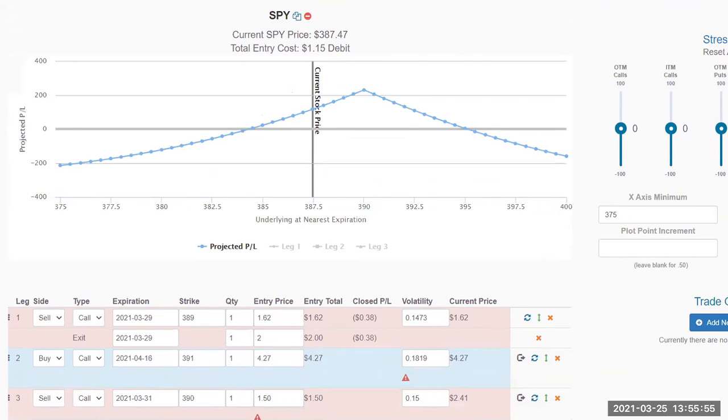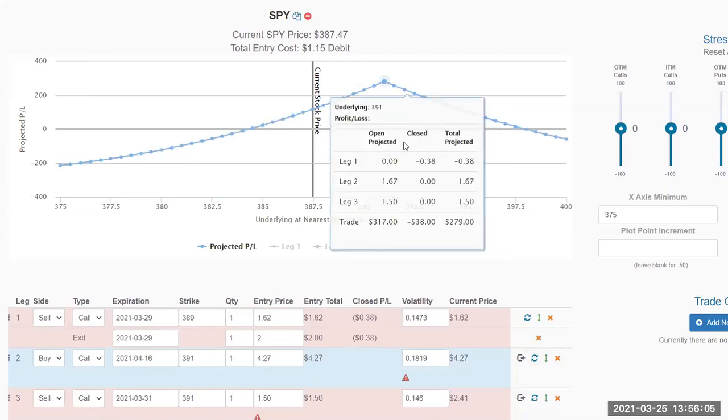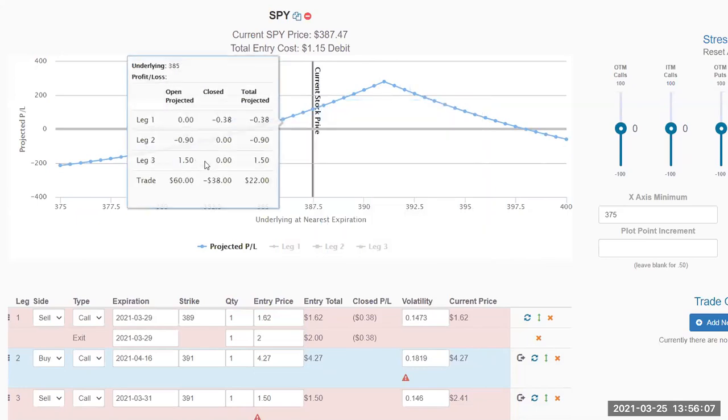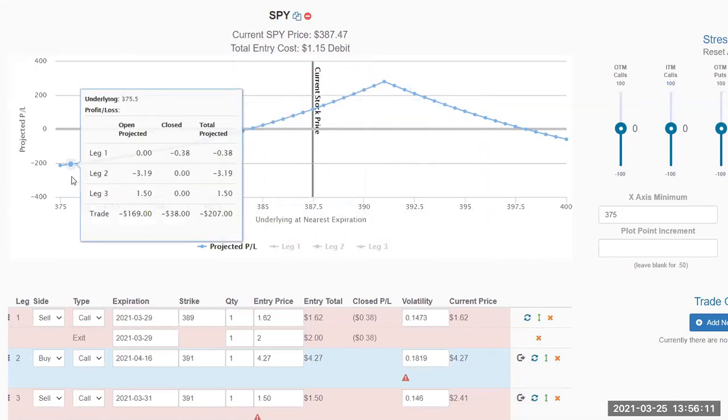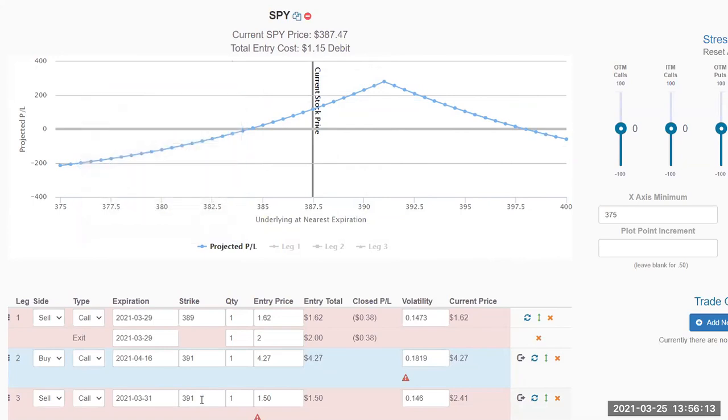So you can do this, but when you do that, you are creating a scenario where you have more risk to the downside, because now you can't make back the movement to the upside, right?